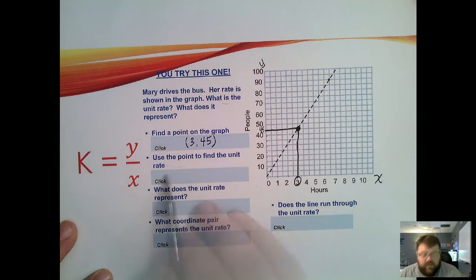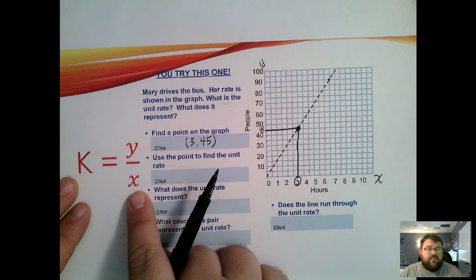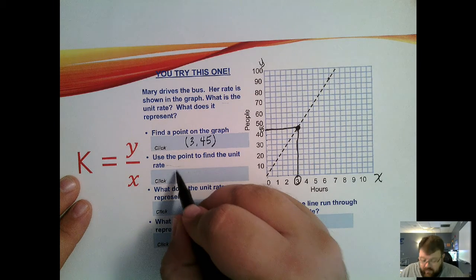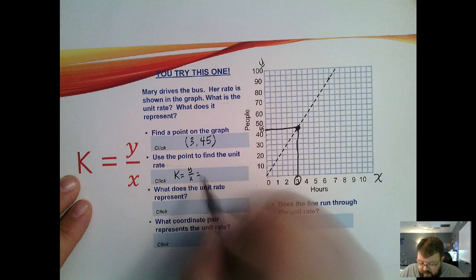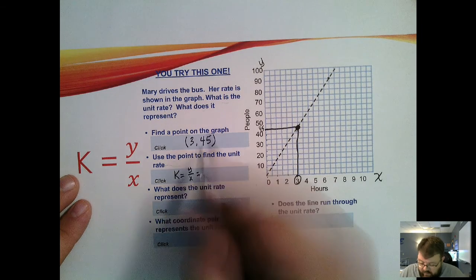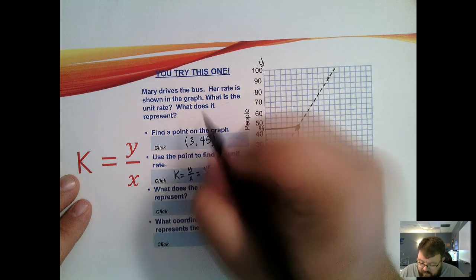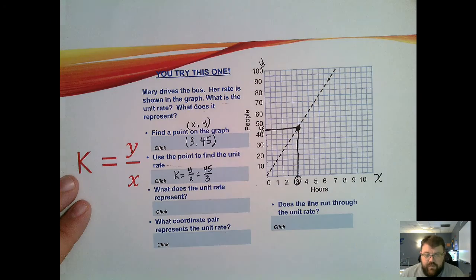Use the point to find the unit rate. So use this equation. Pause the video. Okay, so we have k is equal to y over x. Our y value is 45. My x value is 3. Remember, x comes before y, just like in the alphabet.